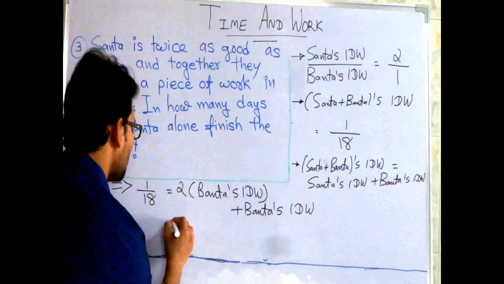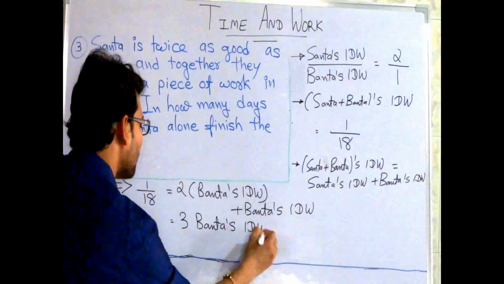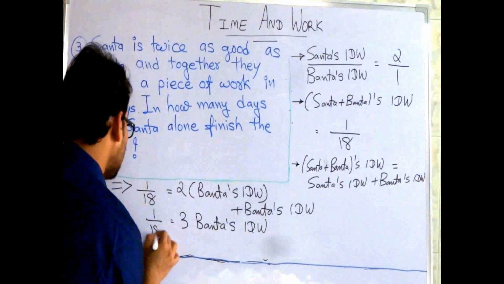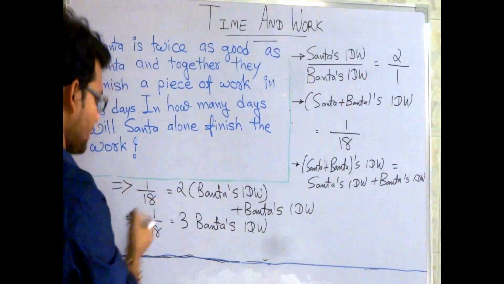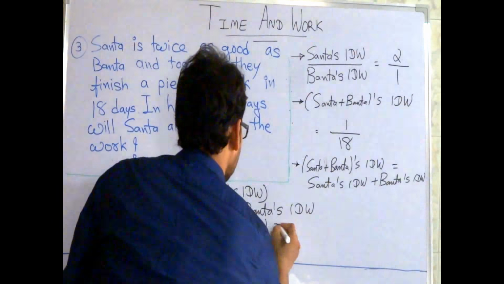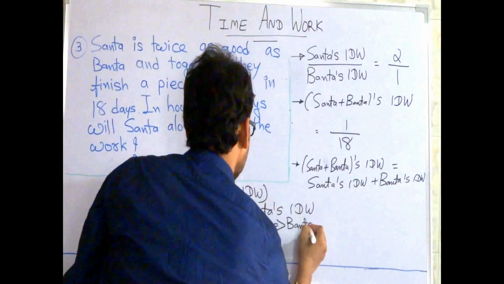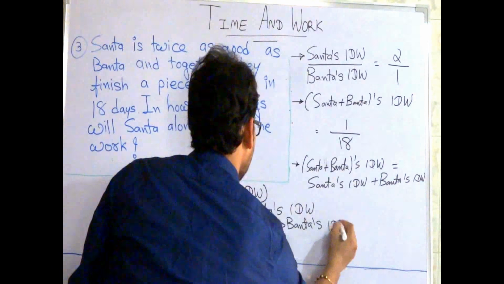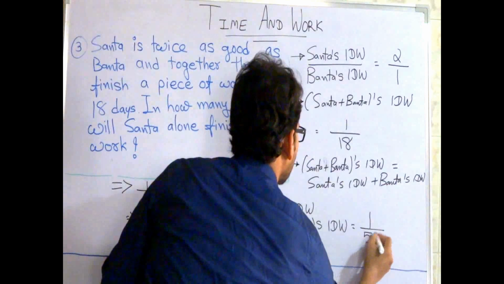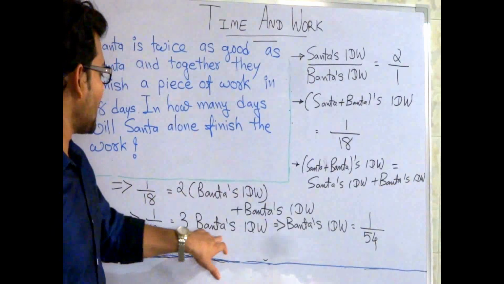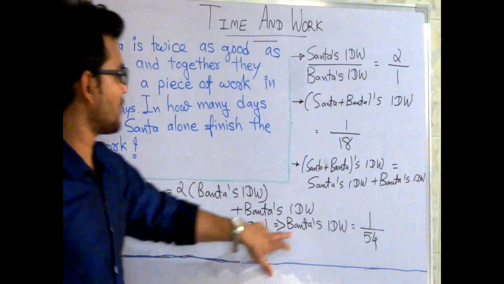So that is nothing but 3 Banta's 1 day work equals 1/18. So 3 will go this side. So Banta's 1 day work, 18 into 3, 54, 1/54. So we got Banta's 1 day work is equal to 1/54.